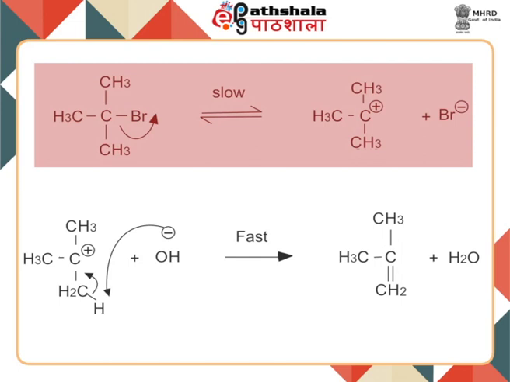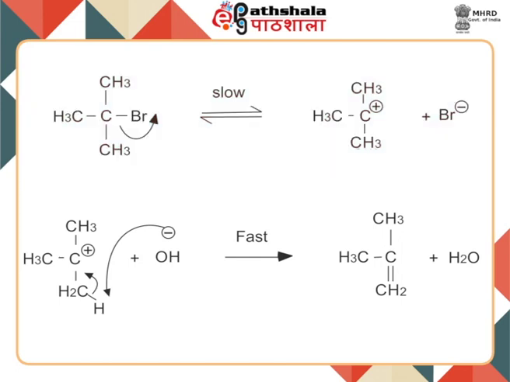As you can see here, the removal of Br minus takes place, and notice that the first step is taking place in the presence of solvents and the basic condition which is present, and this polar solvent will help stabilize the carbocation and the negatively charged nucleophile which is getting formed. So, polar solvents, which we will discuss later also, will help in making this slow step faster.